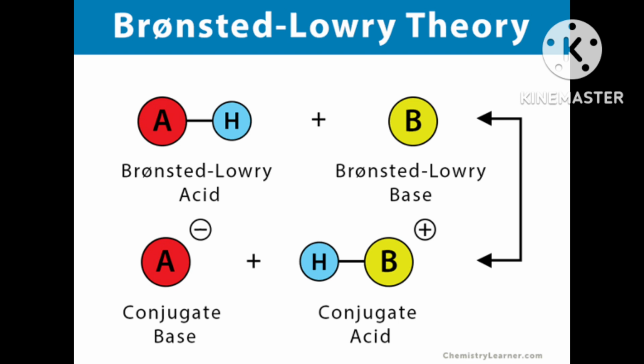Okay, this I have told you about the Lewis concept. I told you Bronsted-Lowry acid and bases concept, and first one I told Arrhenius concept of acid and bases, and third one I told about the Lewis acid and bases concept.